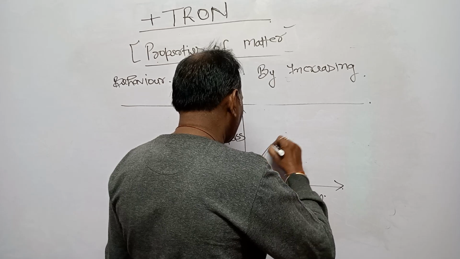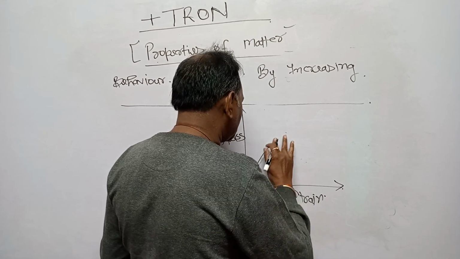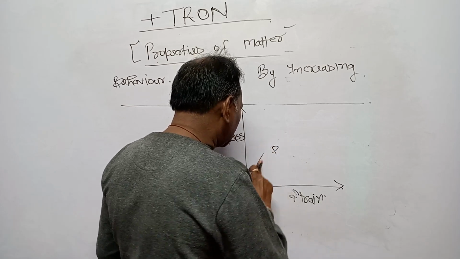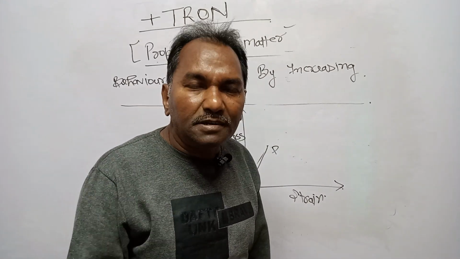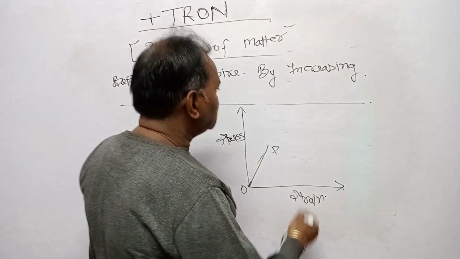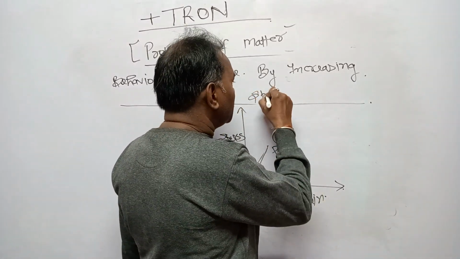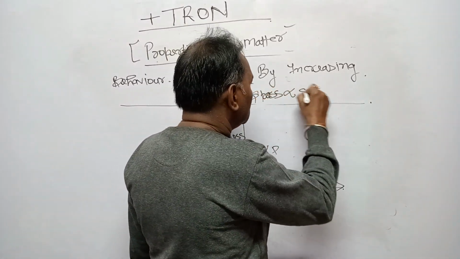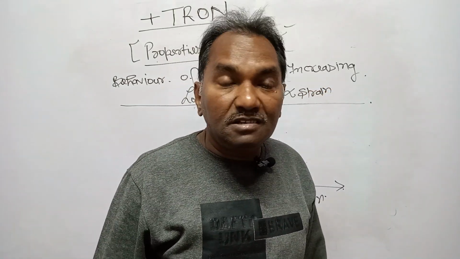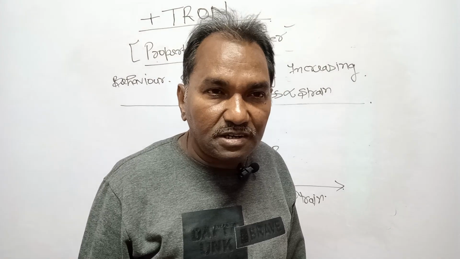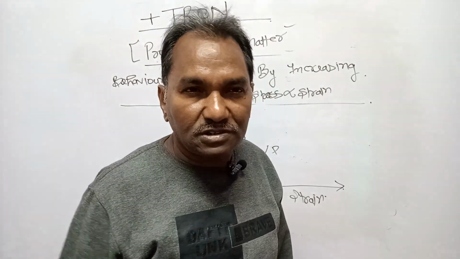It is from O to P. This graph is a straight line. A straight line means it is following Hooke's law, meaning stress is proportional to strain. It means it is within the elastic limit. It is following Hooke's law.